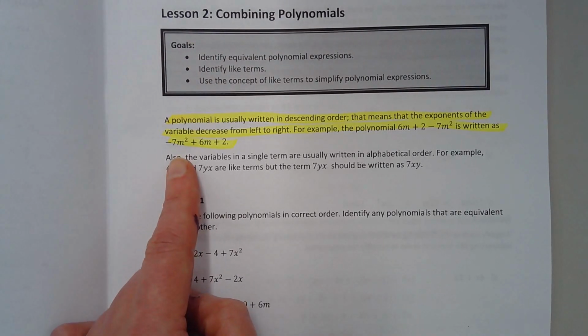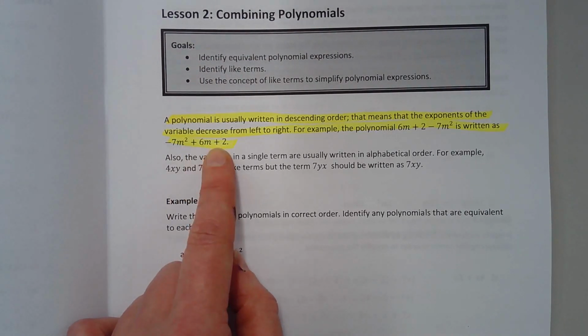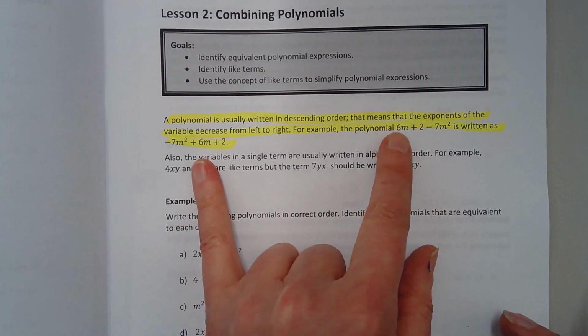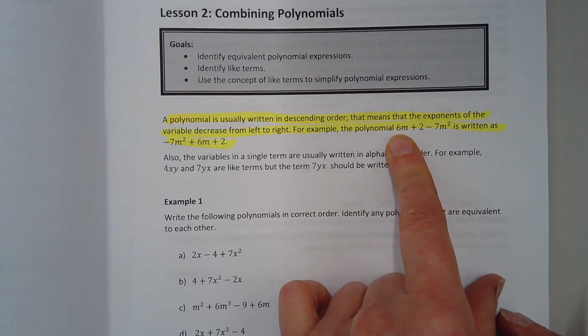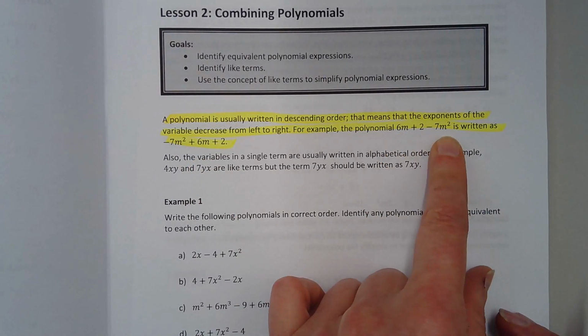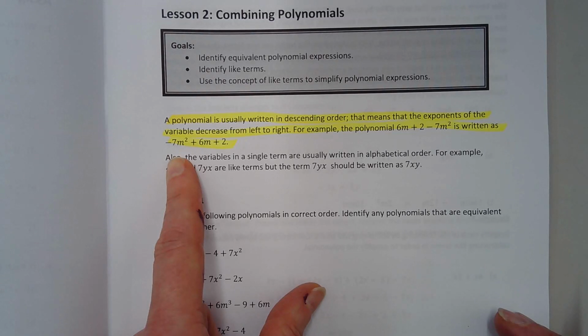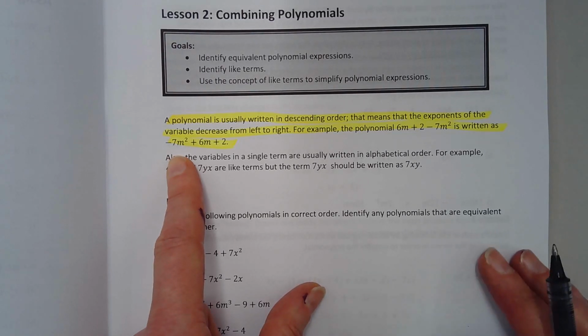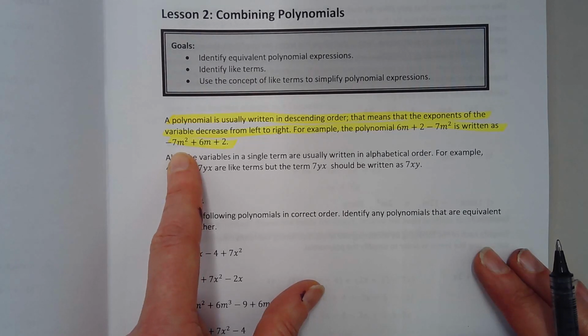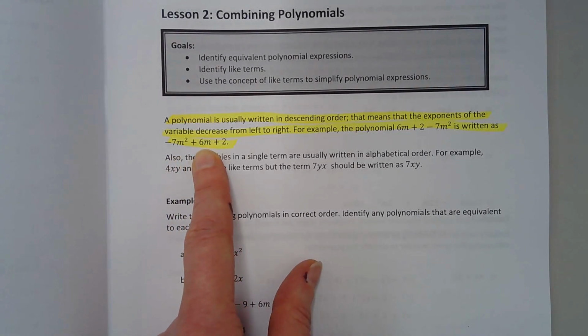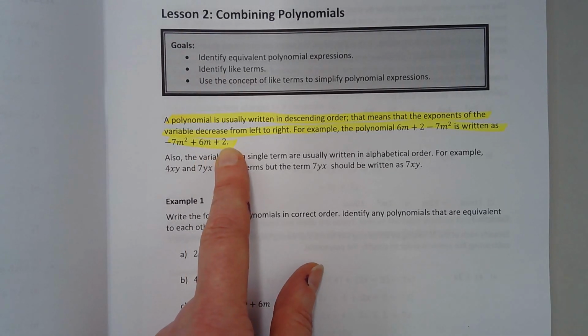This is a trinomial. It's the same trinomial. It might look different because it wasn't written in proper order. First, it was given to you as 6m plus 2 minus 7m squared. The proper order is negative 7m squared plus 6m plus 2. Notice how the m with the largest exponent was written first, then the m with exponent 1, and then the constant. The constants are always written last.